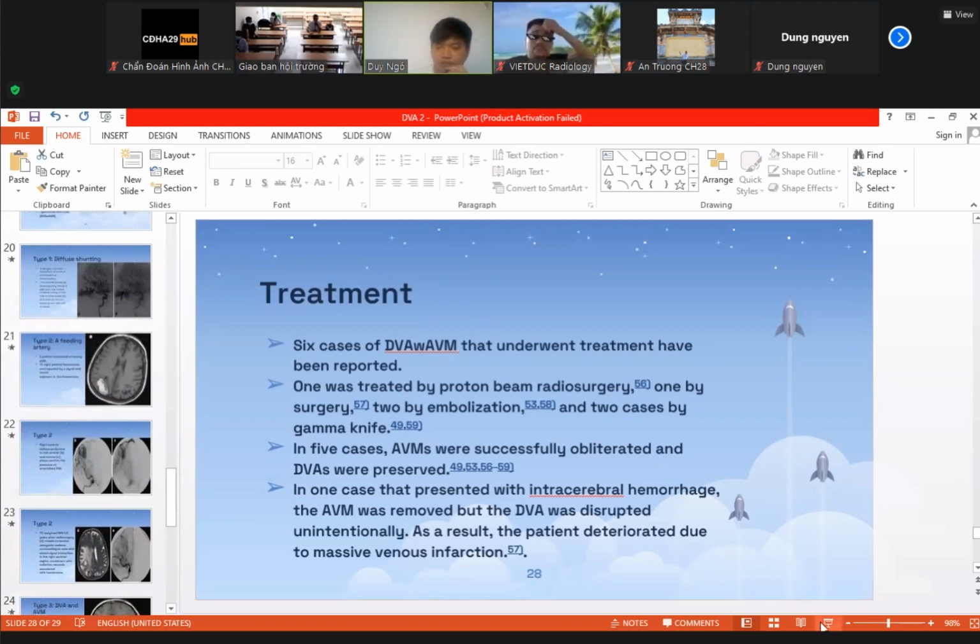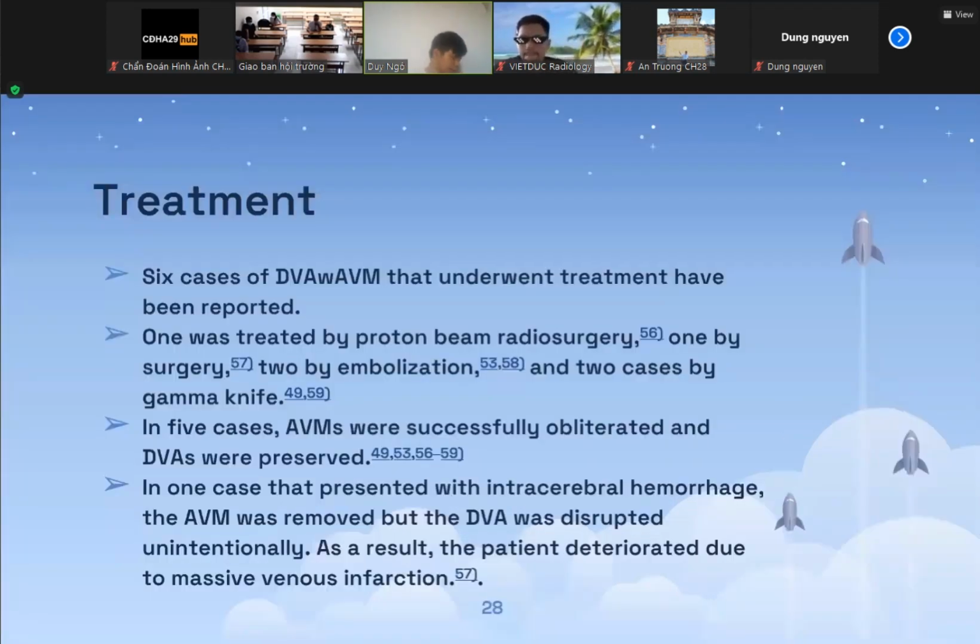But definitely the risk of hemorrhage in the arterialized DVA is higher than the cavernous malformation hemorrhage risk. Thank you. Okay. No more questions. Thank you.